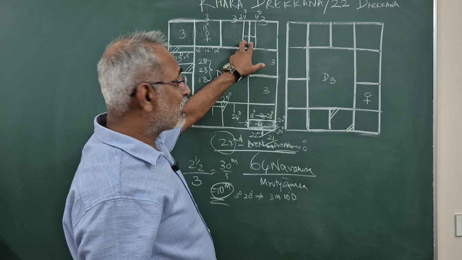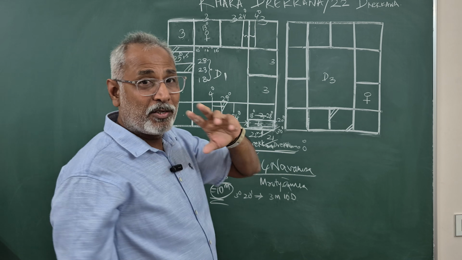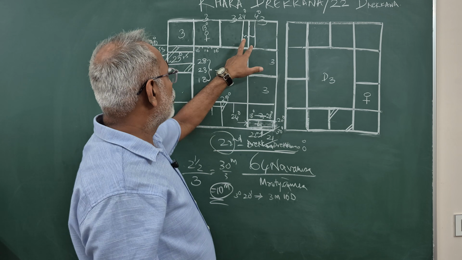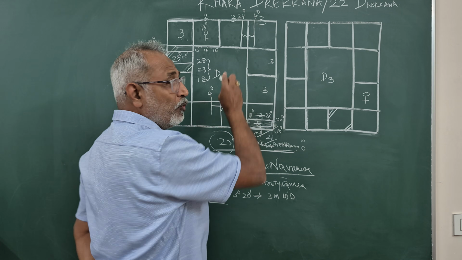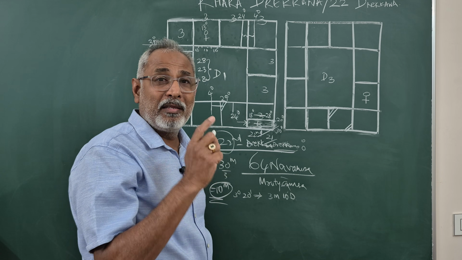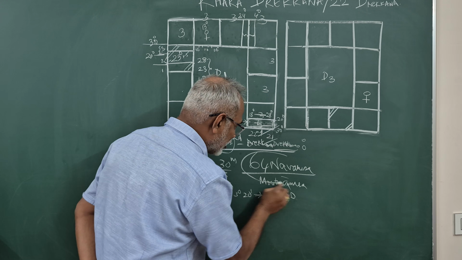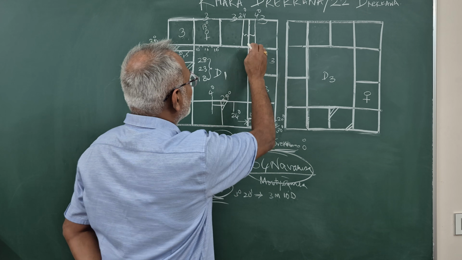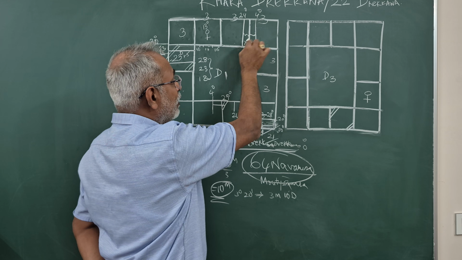So the Rashyadipatis, that is the sign lords of the 22nd Drakana, are very important. If the 22nd Drakana sign is split, you will have to understand the sign over which the 64th Navamsha is placed. So let us say the 64th Navamsha is placed in this sign, not in this sign.